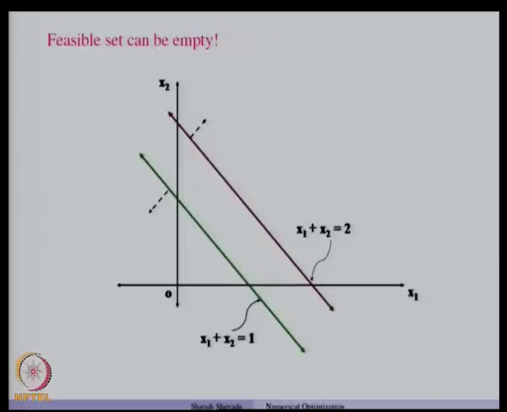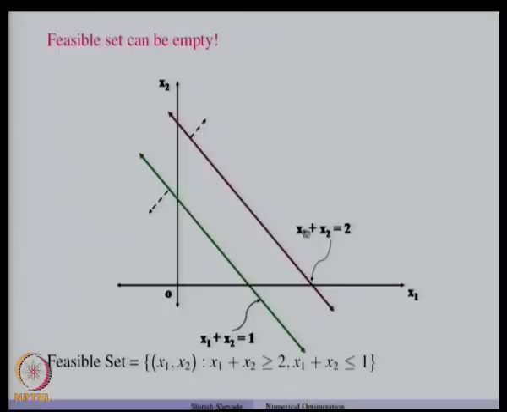Similarly, there could be cases where the feasible set can be empty. For example, if we consider a feasible set of the type x1 plus x2 greater than or equal to 2 and x1 plus x2 less than or equal to 1. So, x1 plus x2 greater than or equal to 2 is the half space indicated by the arrow.